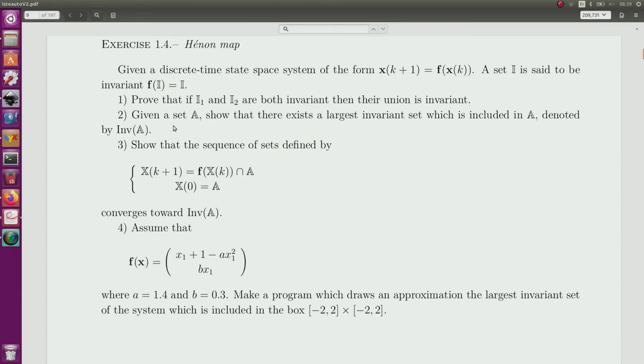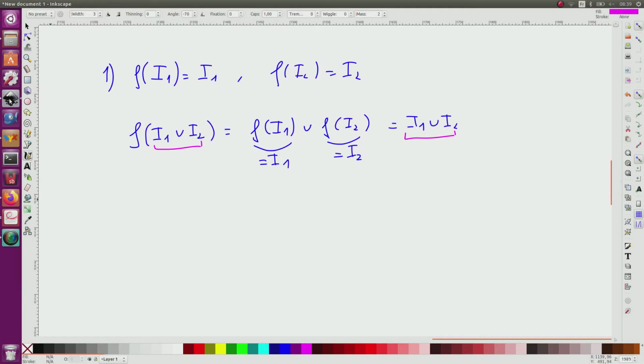Question number 2. Given a set A, I have to show that there exists a largest invariant set which is included in A, and this is denoted by inv of A. So second question.